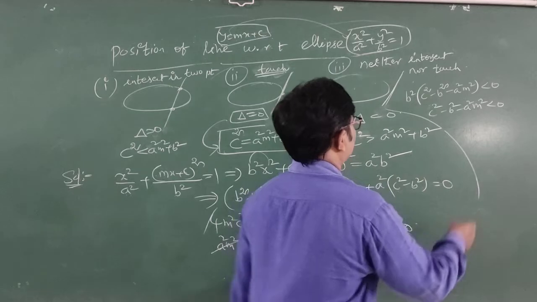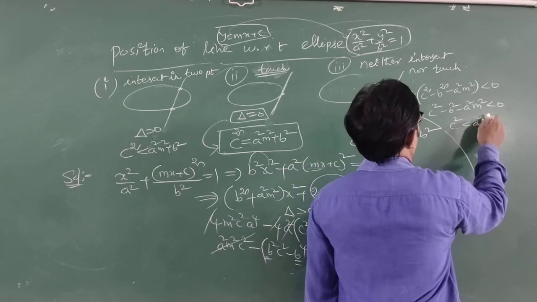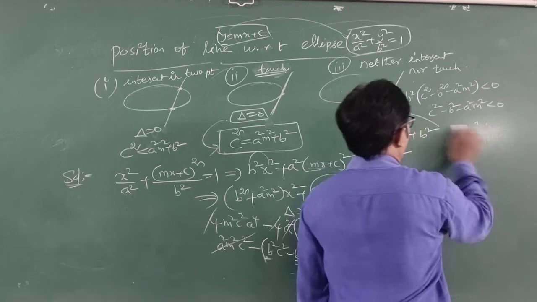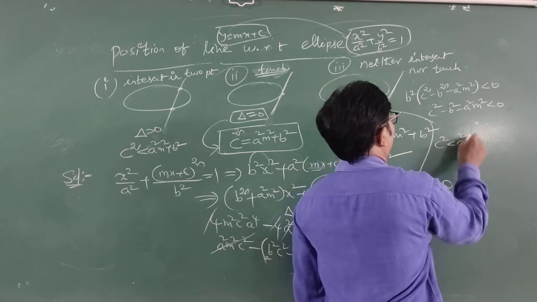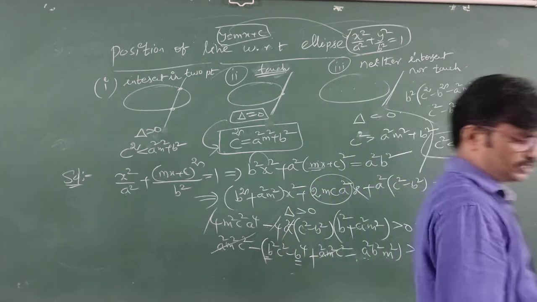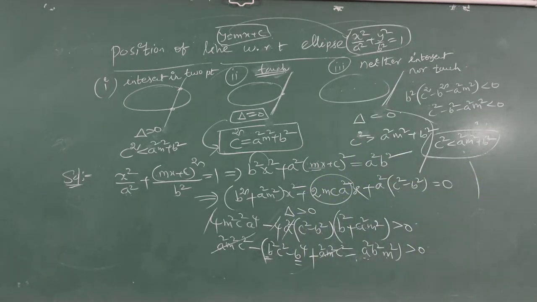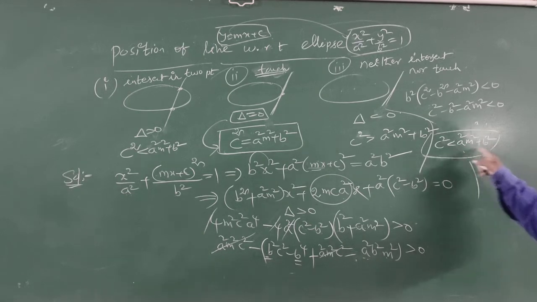What we observed here is that c square is less than a square m square plus b square.